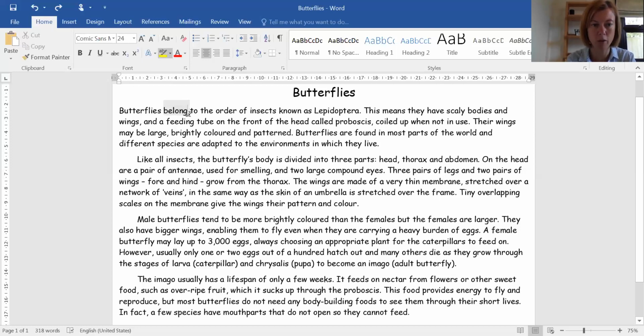Butterflies belong to the order of insects known as Lepidoptera. So belong shows us it's in the present tense. There's also means. Now in the past tense that would be meant, but it's present tense. This means they have scaly bodies. We've also got have, which should be had if it was past tense.